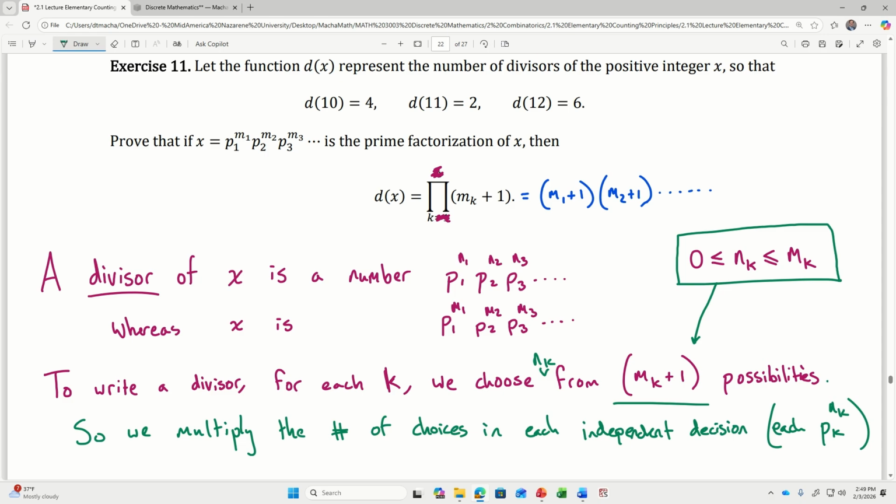So now, if you can calculate the prime factorization of a number, you can count the number of divisors it has.